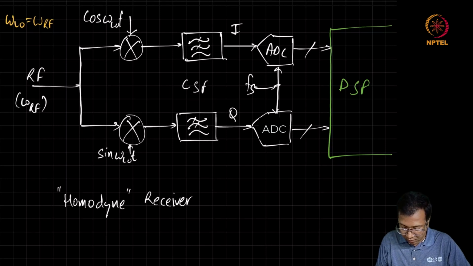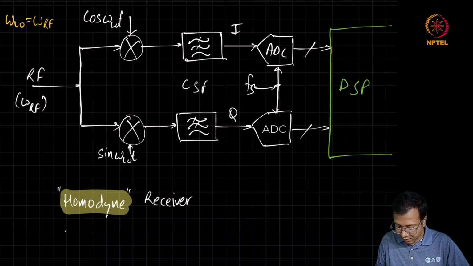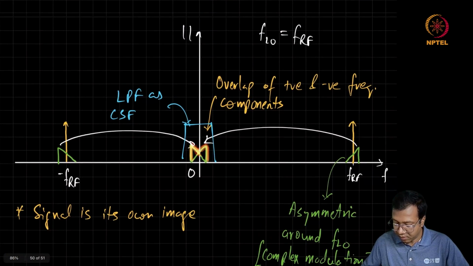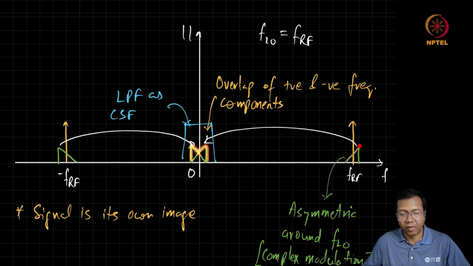Homodyne means we are dealing with only a single frequency. It is also called a direct conversion receiver. Since the signal is its own image, we are completely aware of the power of the image here, because it's the same as the signal power.